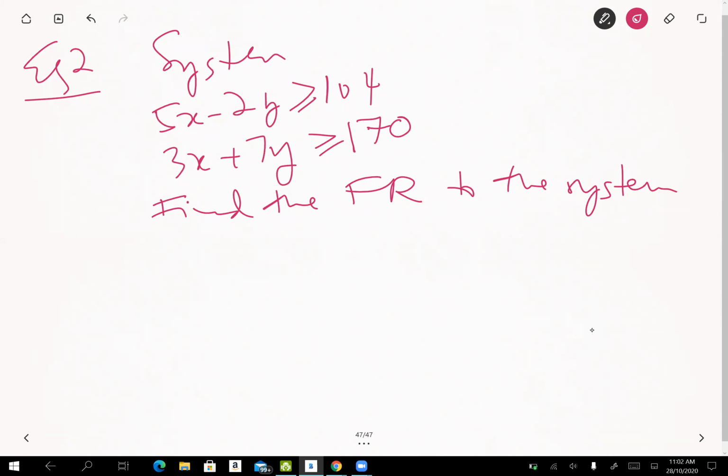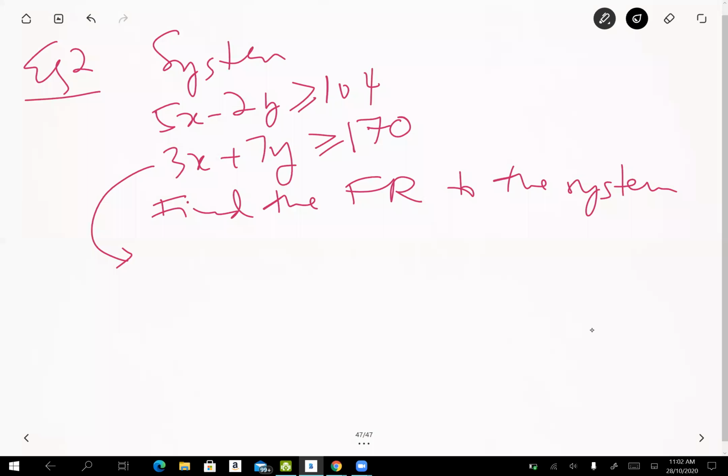Okay, you got the x-intercept for the second inequality. What is the x-intercept? Anybody got it? 56.67. Okay, so that is the x-intercept. Make sure you do the work, all right?